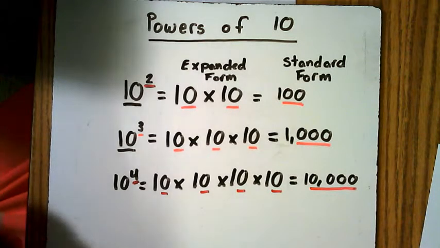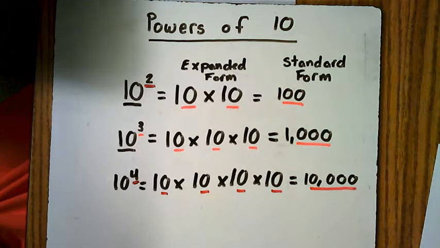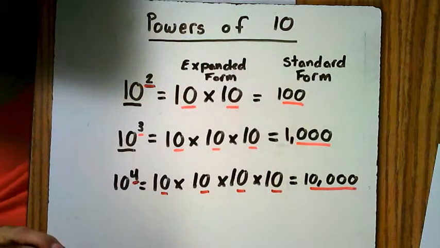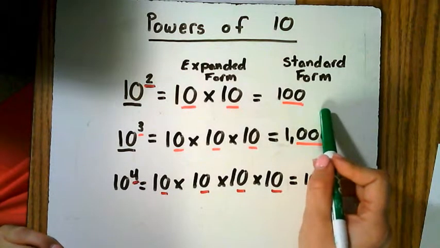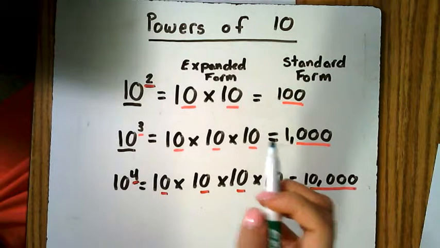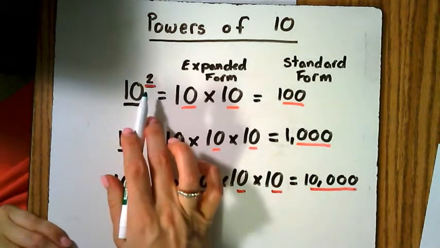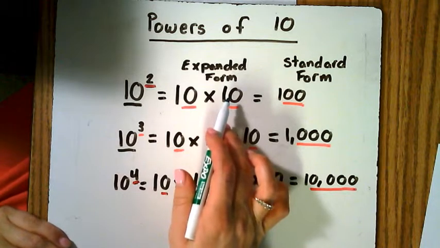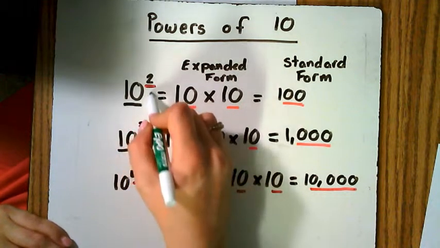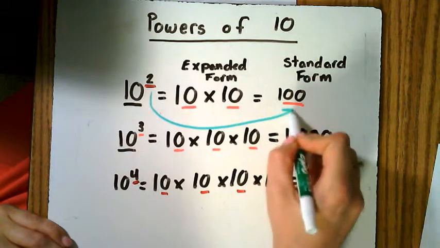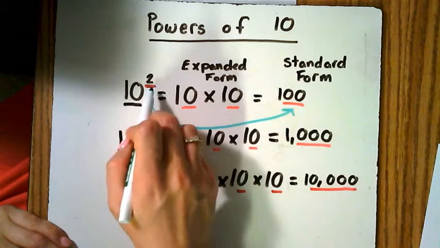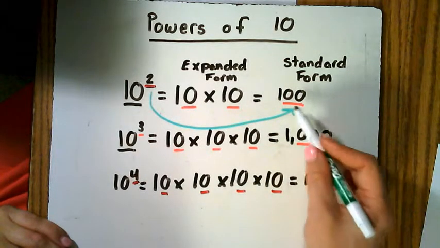Have you noticed how I've been underlining those zeros? Because when we use powers of 10, we start to notice patterns in our zeros. The exponent, which tells us the number of times we multiply by 10, also tells us how many zeros should be in our answer. 10 squared, or 10 to the second power, means we have to put 2 zeros in our answer.